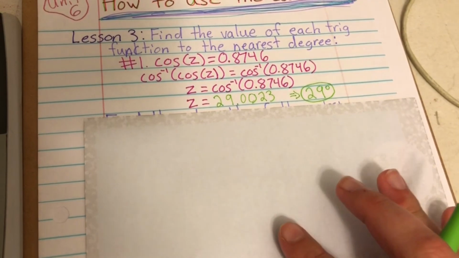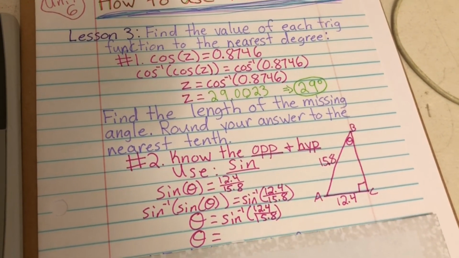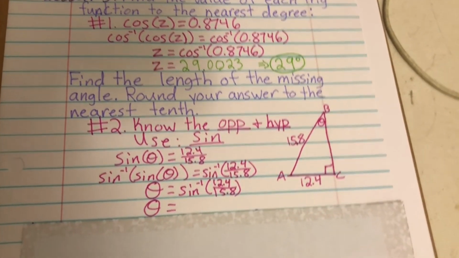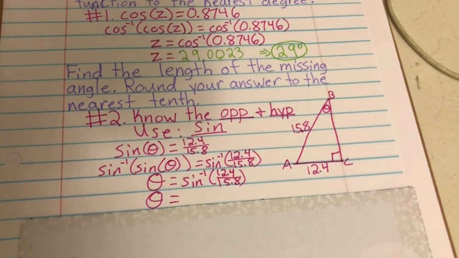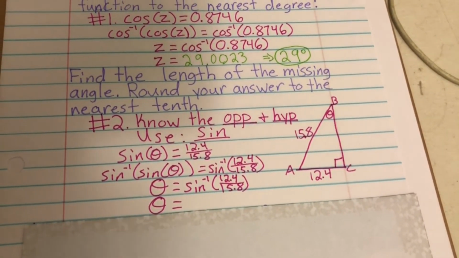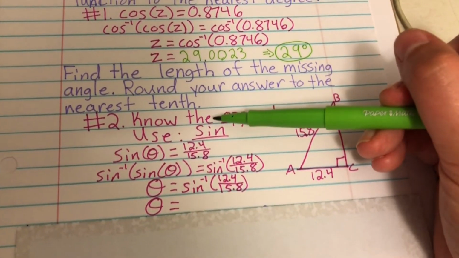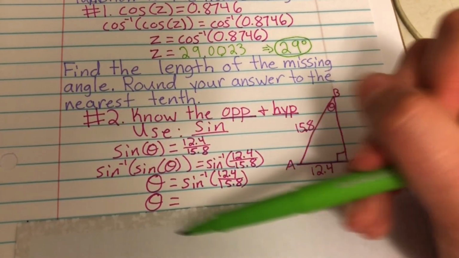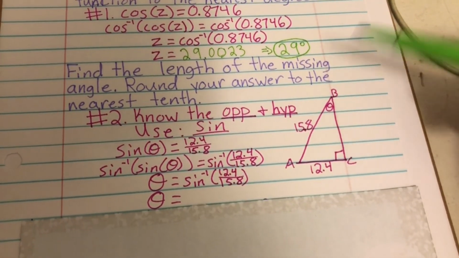Let's do another one. Still under Lesson 3, we're looking at number 2 under the directions: find the length of the missing angle, round your answer to the nearest tenth. So we're given this triangle. And again, if you want to know where I got all of this information from the triangle, please go to the Lesson 3 video.